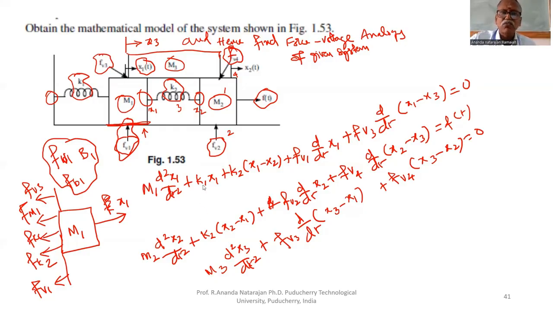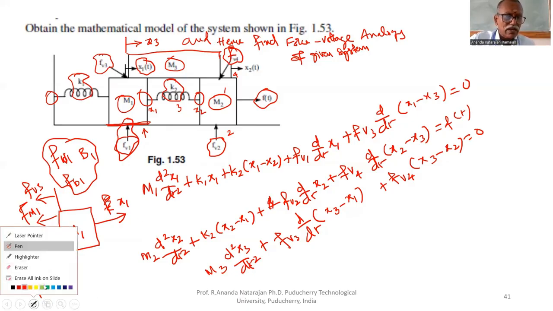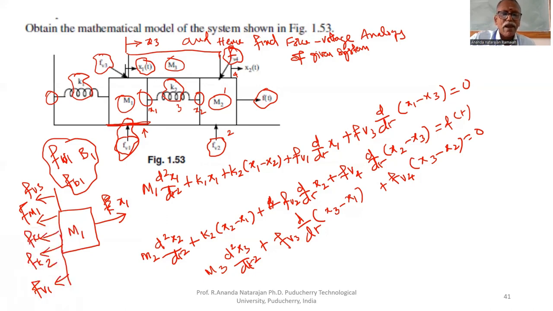How to convert this into force voltage analogy. For that, what we have to do is take L1. Force voltage analogy: L1 d square q1 upon dt square plus K, K equal to 1 by C1, Q1 plus 1 upon C2, Q1 minus Q2, plus FV1.